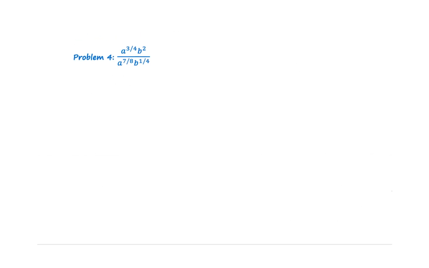All right, problem 4. So I'm given a to the power of 3/4 times b squared over a to the power of 7 over 8 times b to the power of 1/4. Okay, so here I will look at them individually. I see that I have a and a, right? So same base. So let me look at this part first.